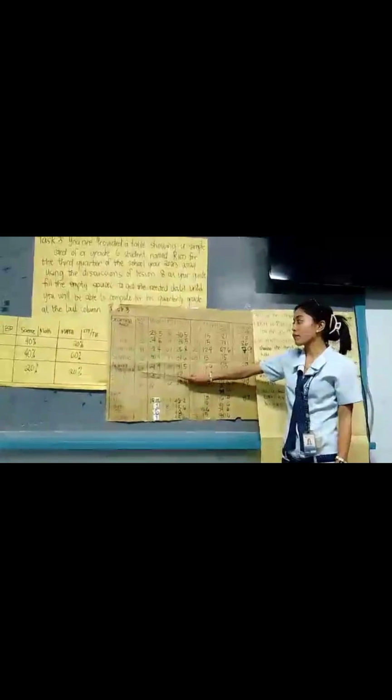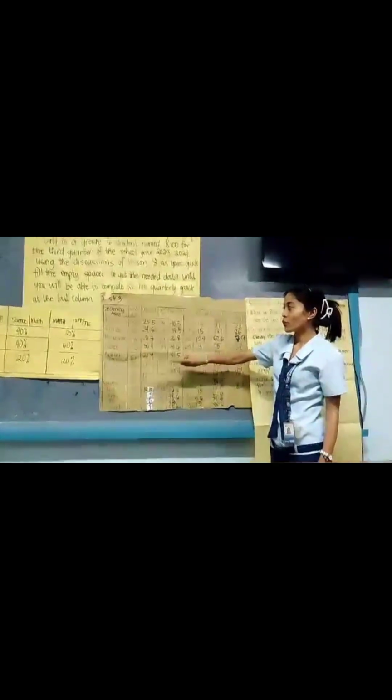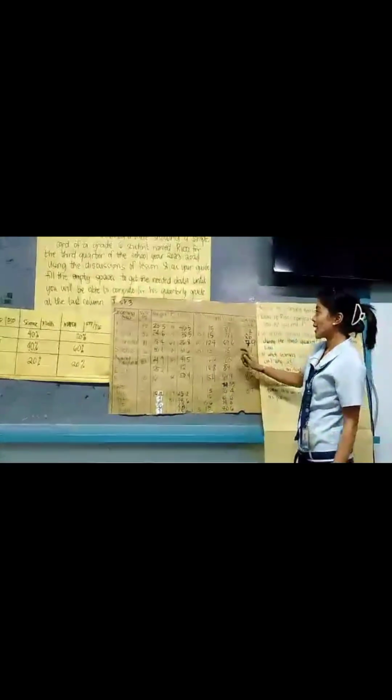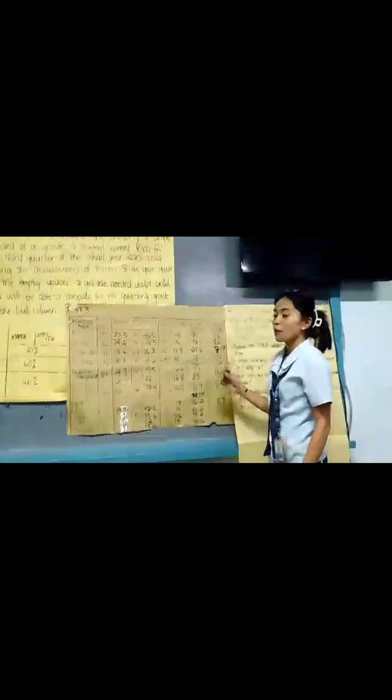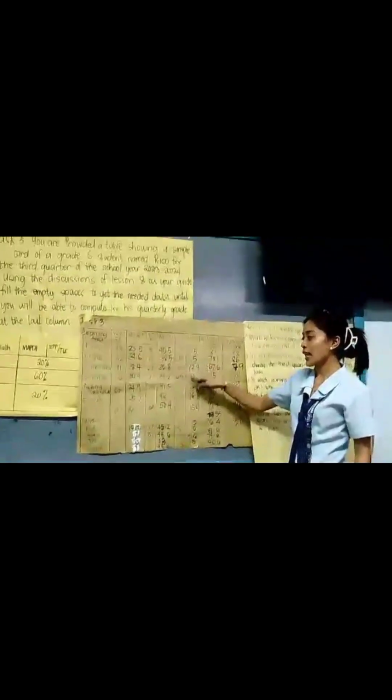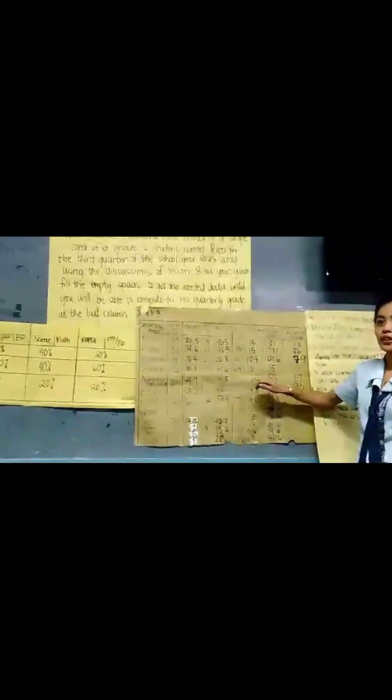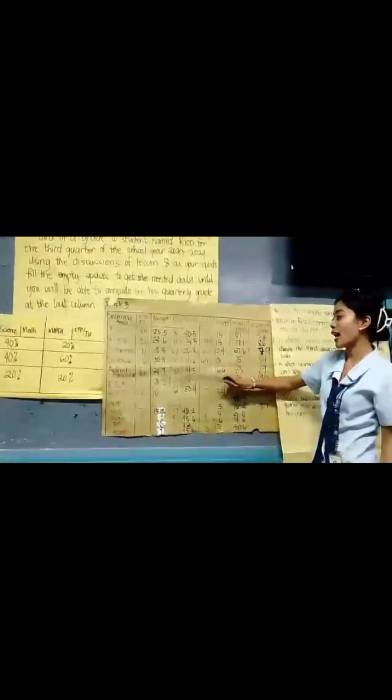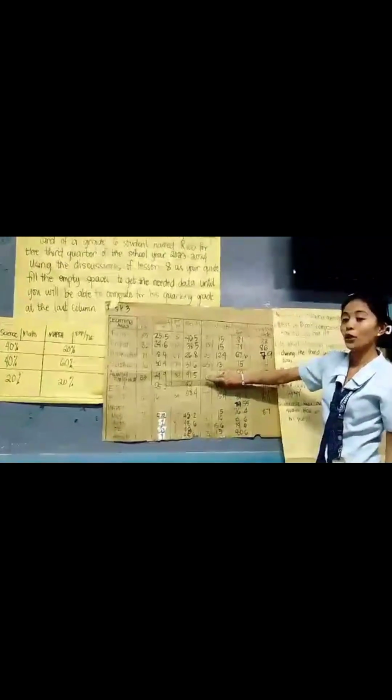Even though they have the same score among the written work, performance task, and the quarterly assessment, in performance task, since 60% is the highest, we have here the 41.5.